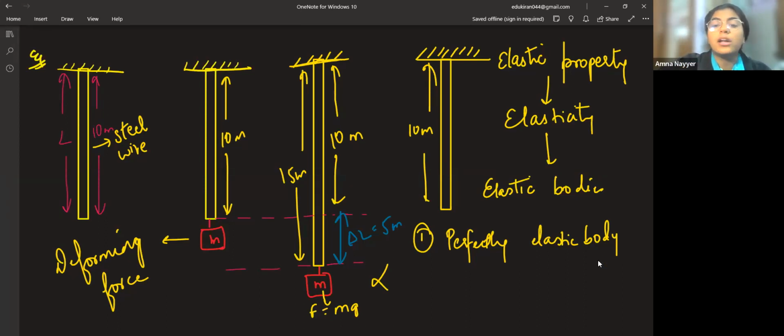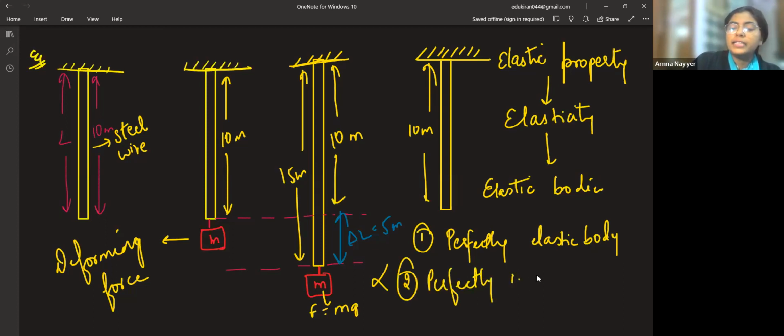This type of body is called a perfectly elastic body. On the other hand, you have the perfectly inelastic body.